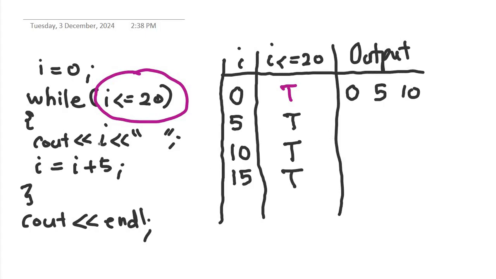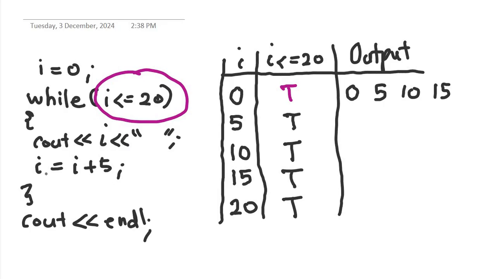Still true, so cout I, now I is 15, then a space, and I equals I plus 5, so 15 plus 5, 20. Go back and check the condition again: I less than or equal to 20, still true.